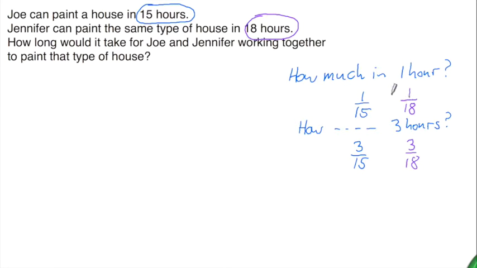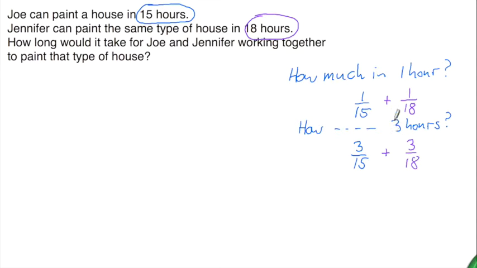So if you put them working together, this is how much they would paint: 1/15 plus 1/18 in 1 hour, which is more than individually. And then here you'd have 1/5 plus 1/6, which, if I remember right, is 11/30 of the house. So that's like a third of the house that they finish in 3 hours.